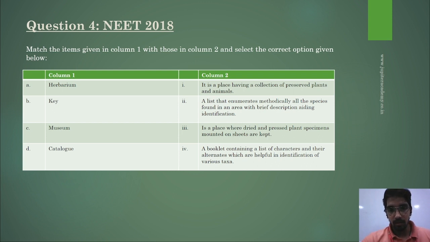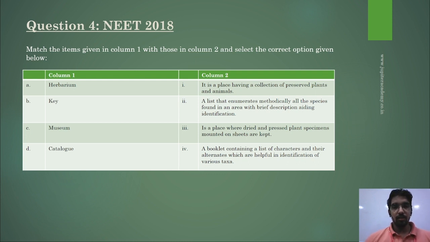Let us see which of the following options has those key terms. Option number 4 is a booklet containing a list of characters and their alternates, meaning a list of alternative characters which are helpful in identification of various taxa. So B is number 4. Then comes museum.